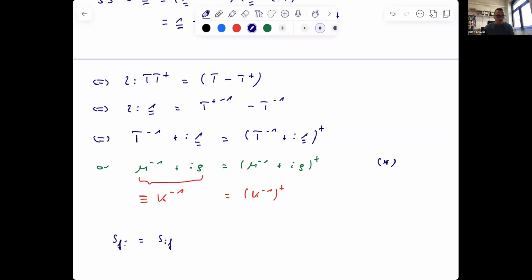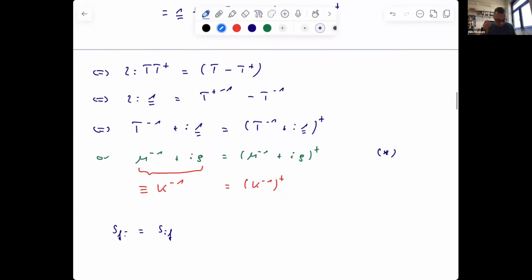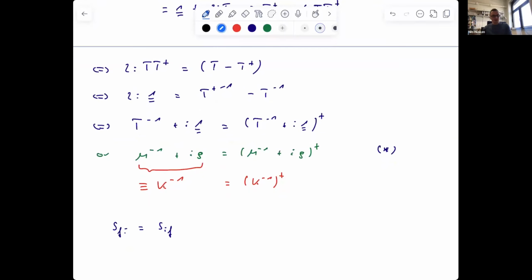I should take a moment here using this green equation and maybe highlight the fact that we have only defined here the inverse of K up to a real valued constant that we can add on both sides. So if you put here plus some matrix R that is real valued and diagonal, we can add that on both sides of this equation and still keep that consistent.